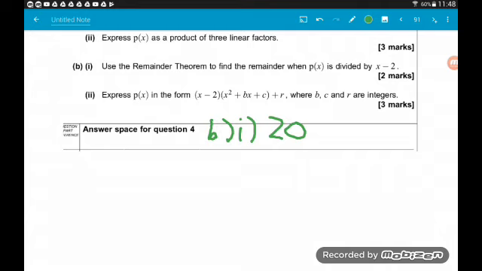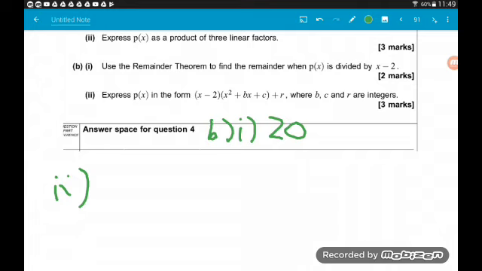So, r is 20. The first way that I'm going to do this, I'm going to use algebraic division. In the second way, we're going to compare coefficients. So, part 2 then. We want to express the polynomial as the product of x minus 2 times a quadratic and a remainder.